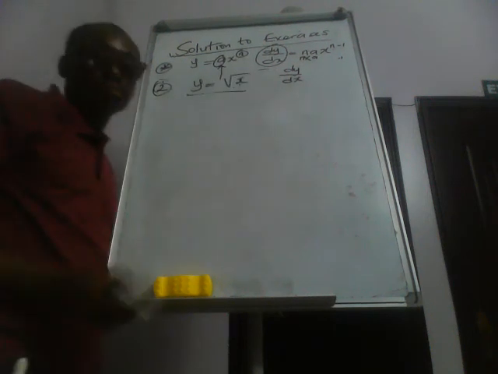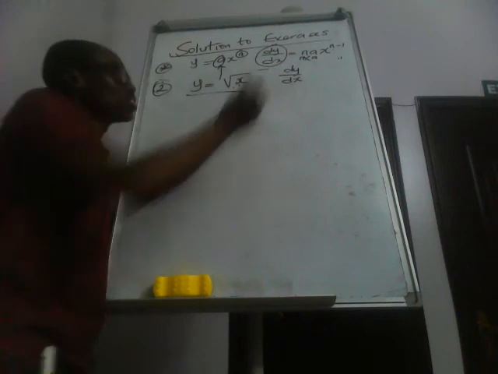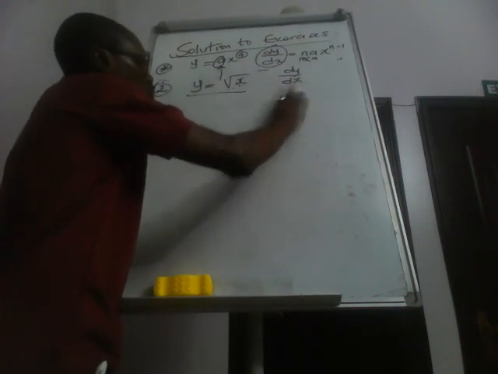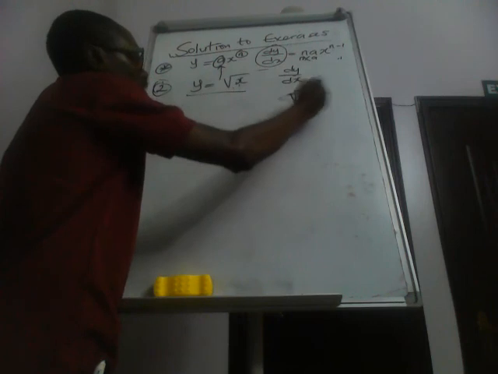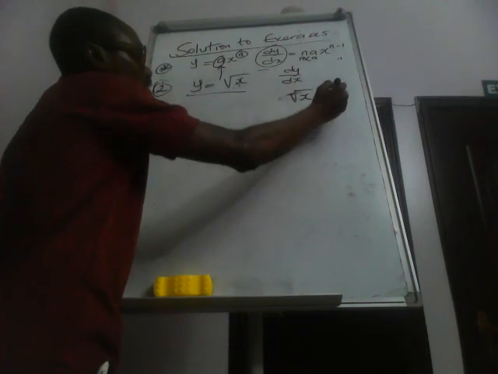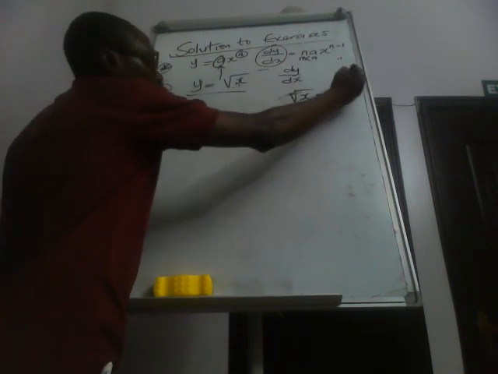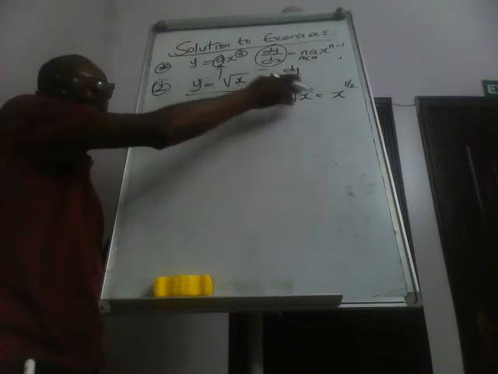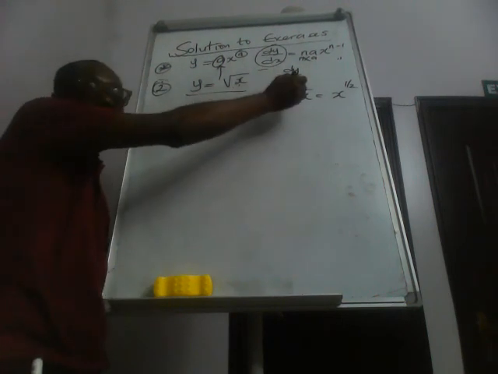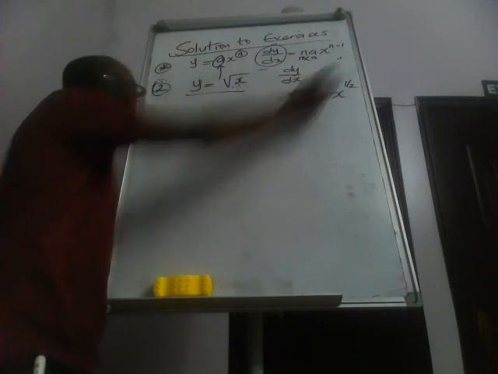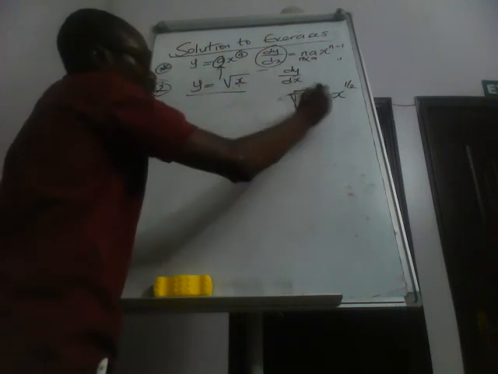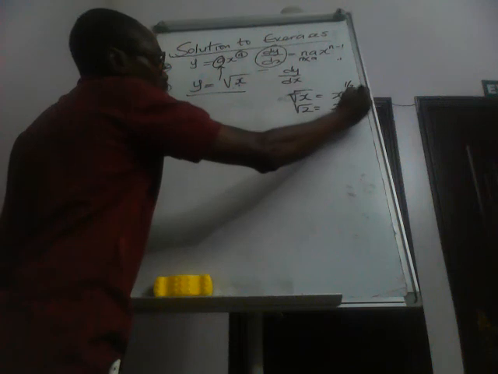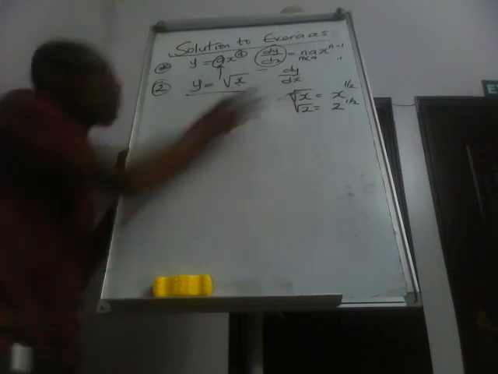So we're going to apply the law of indices, which states that root x is the same thing as x raised to power half. Root 2 is the same thing as 2 raised to power half. Okay, so we're going to apply that here.